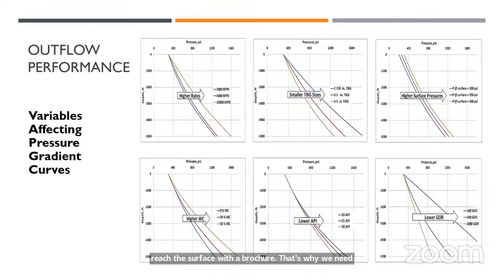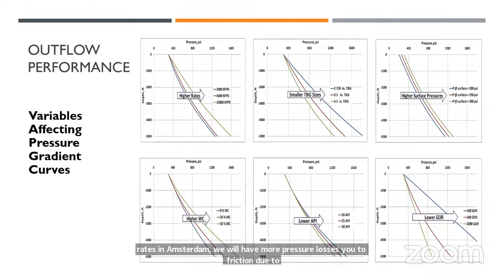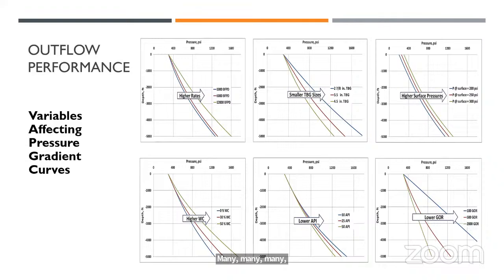This is how the outflow or pressure gradient relationship, or pressure gradient line, will change based on changing the parameters. If we have higher rates in the first graph, we will have more pressure losses due to friction and many other terms. Also, a smaller tubing size will have more pressure losses due to the increase of velocity of the fluids going up.